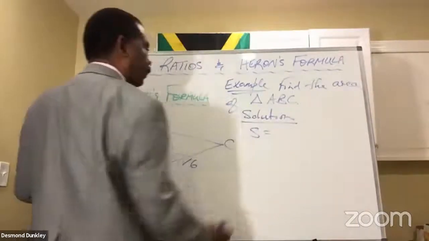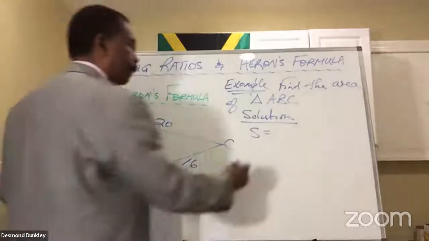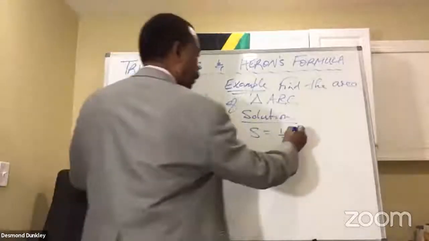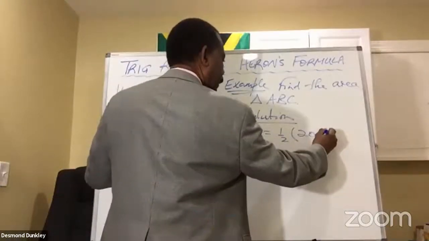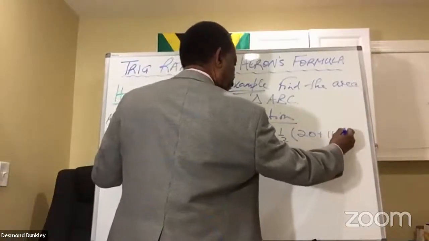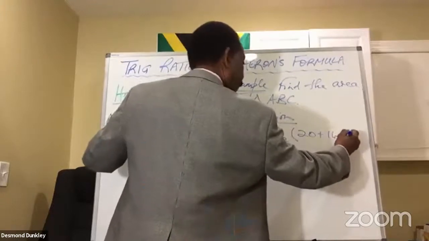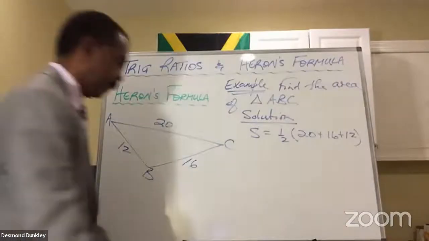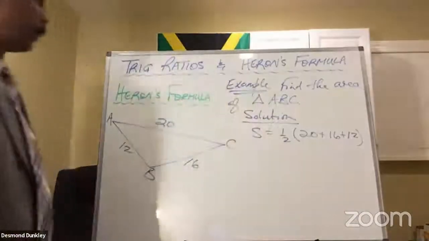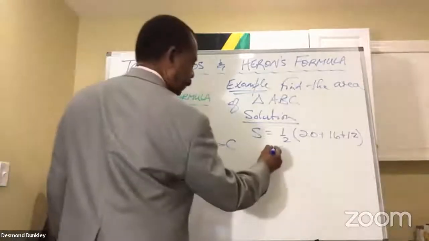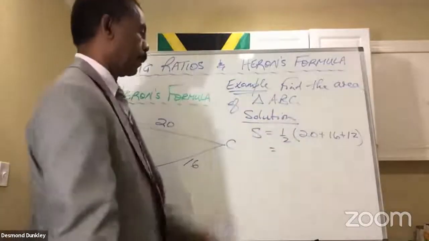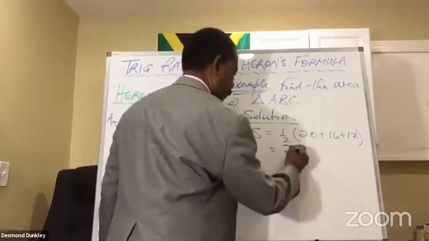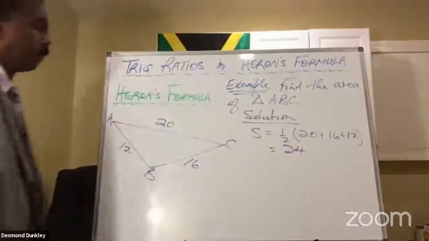S is equal to a half 20 plus 16 plus 12. What is that equal to? That's 20 plus 16 is 36, plus 12, 48, half of that is 24.